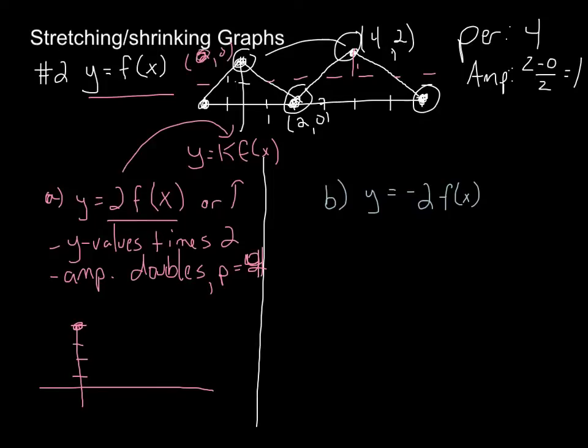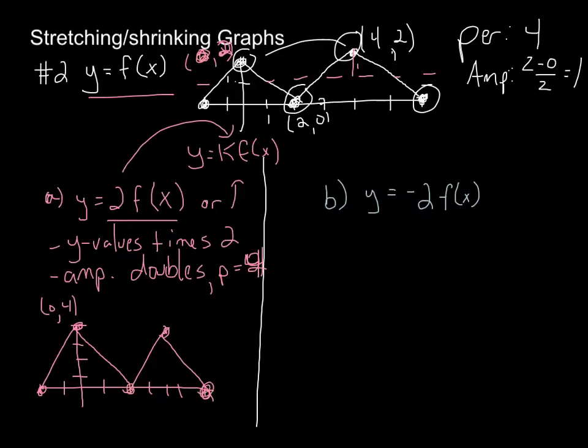Man, Mr. Williams, get your head in the game. 0, 2 is what that should be. Instead of 0, 2, we have 0, 4, because the y values double. Do the x values change? No, they don't change. They just stay the same. So leave them alone. But then instead of going up to 4, 2, we're going to go up to 4, 4. Amplitude doubled.